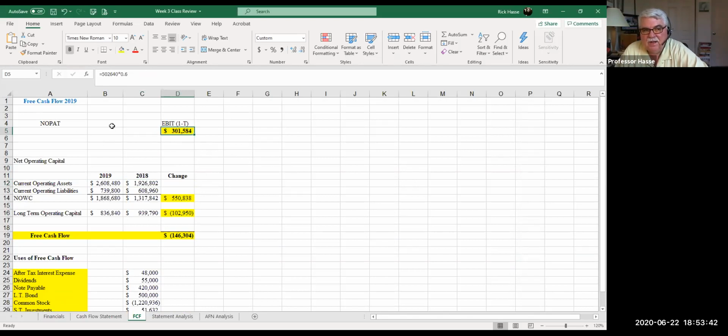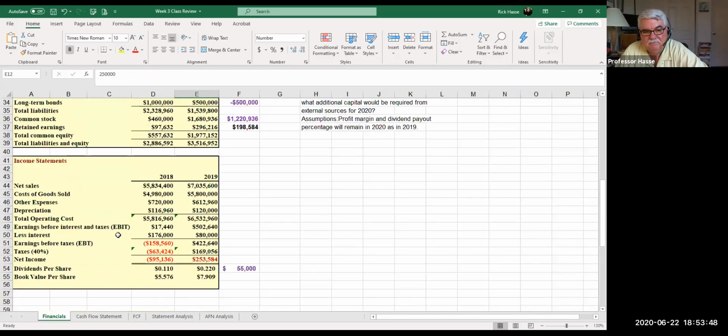But their real profit, if you don't take into account taxes, is taking the earnings before interest and taxes, basically their operating profit, $502,000. Why do we want this number? Because interest and taxes are what we pay after we pay for everything else in regards to operating cash flow.